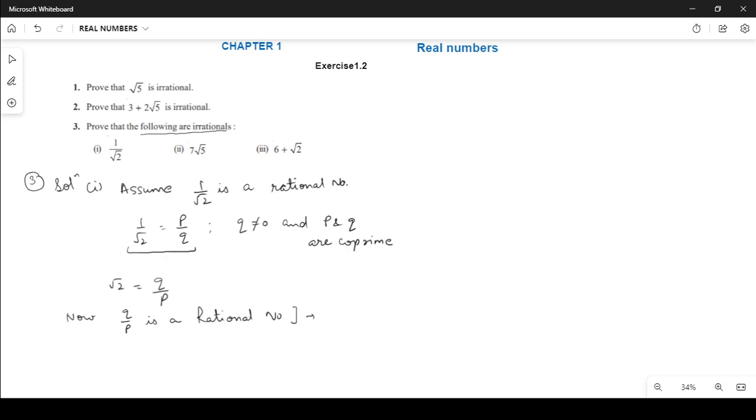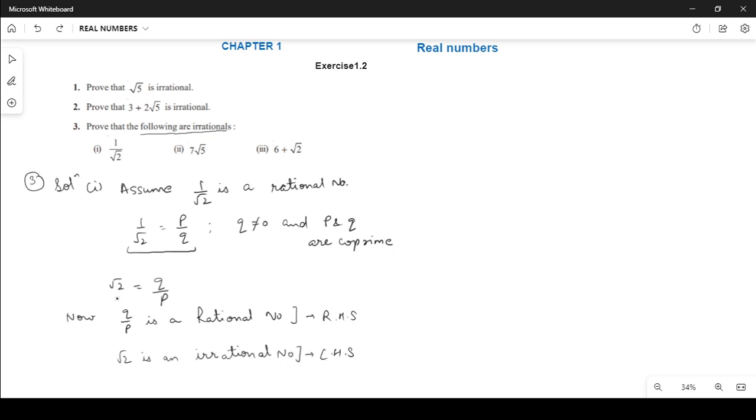Now we know under root primes are irrational number. Under root 2 is an irrational number. This is our left hand side.